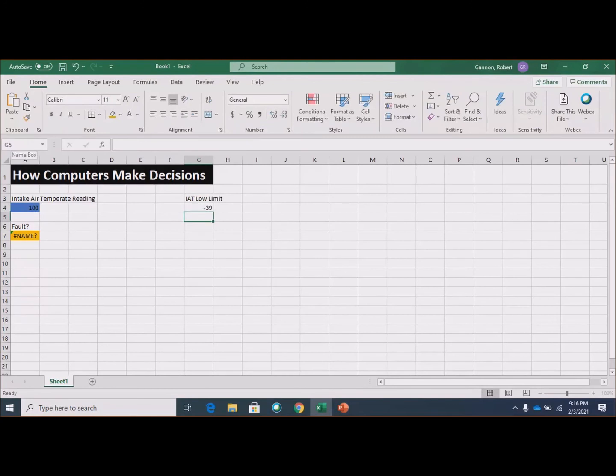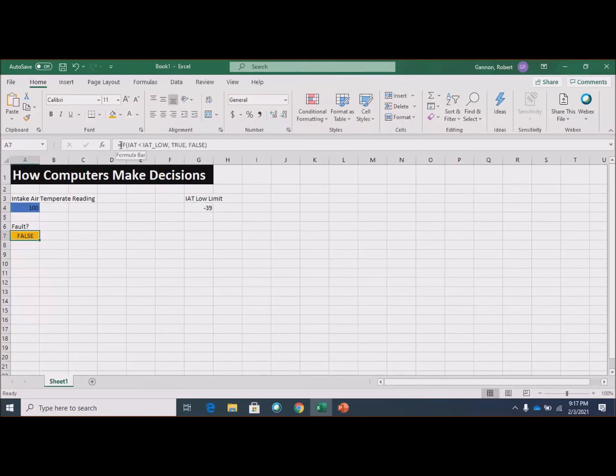Now I can rewrite this to say if it's less than IAT low, which is now -39.